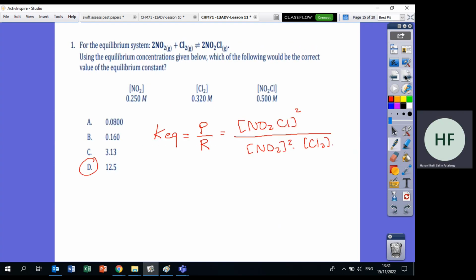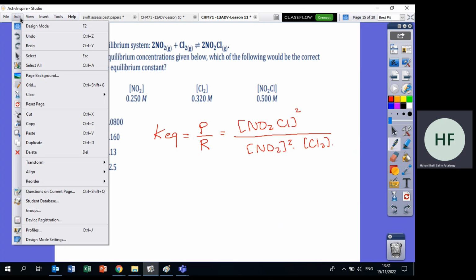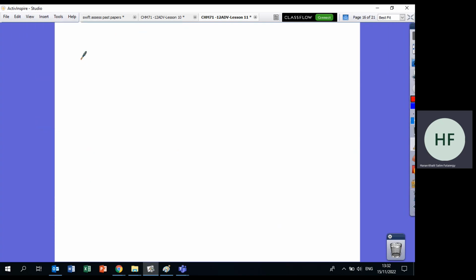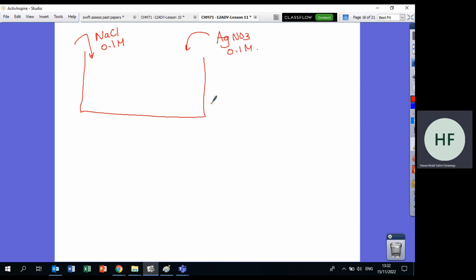Now, the last thing you need to know in term 1 is how to predict whether a precipitate will form. In this question, I will be mixing two chemicals in one container. For example, I will be mixing NaCl 0.1 molar with AgNO3 0.1 molar. And the question: will a precipitate form?